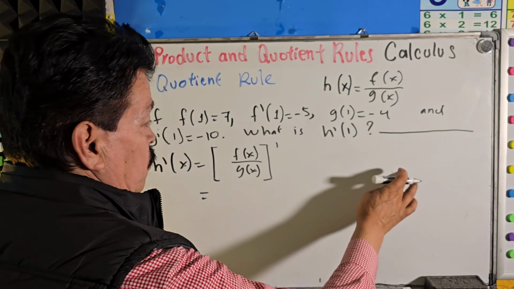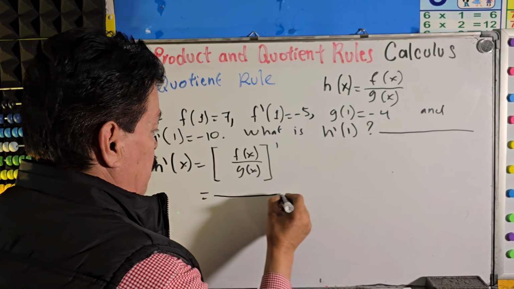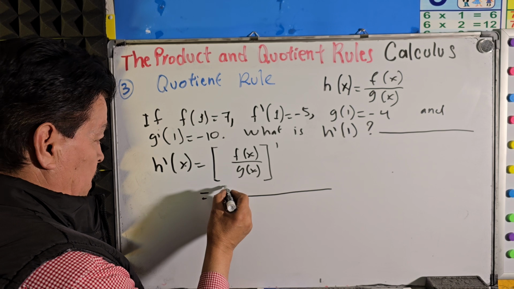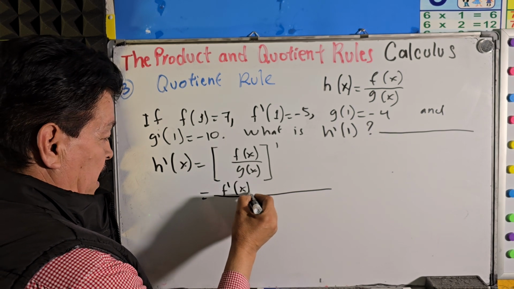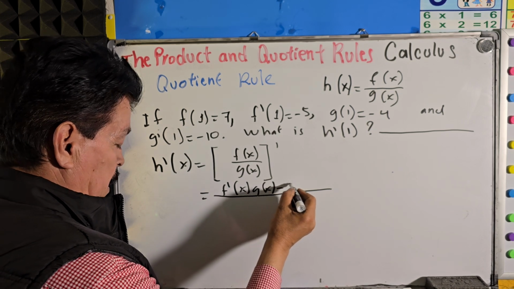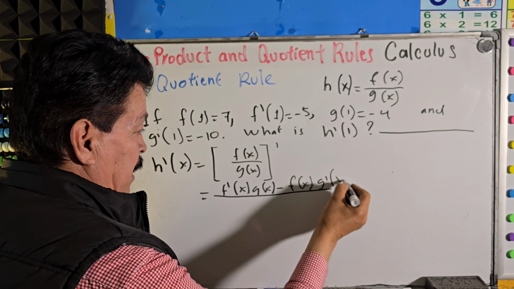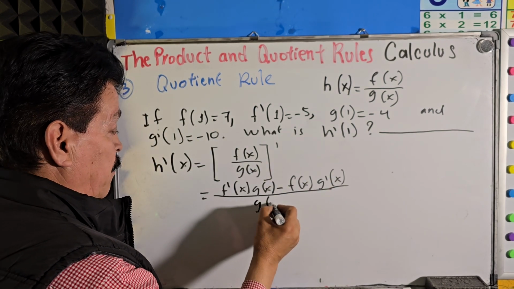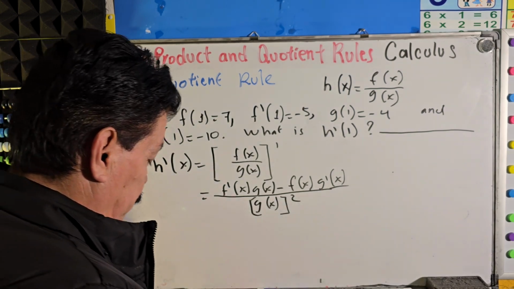I already gave the information to you, but I will keep it right here and do it step by step. So here we write f prime of x, g of x minus f of x times g prime of x, over g of x to the second power, right?